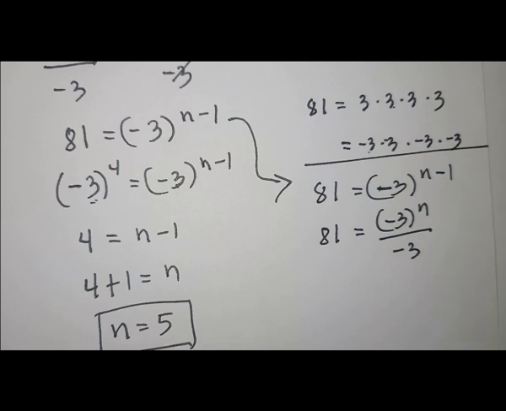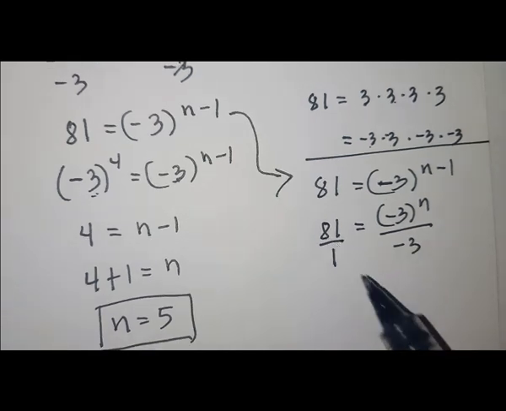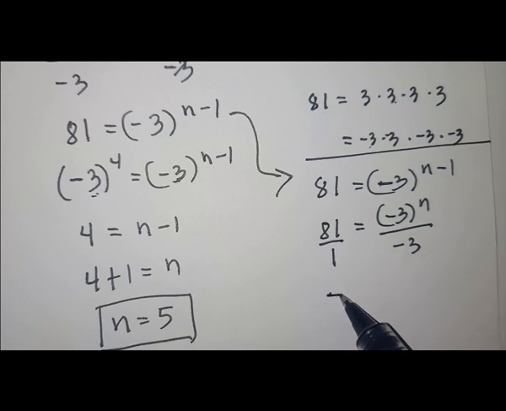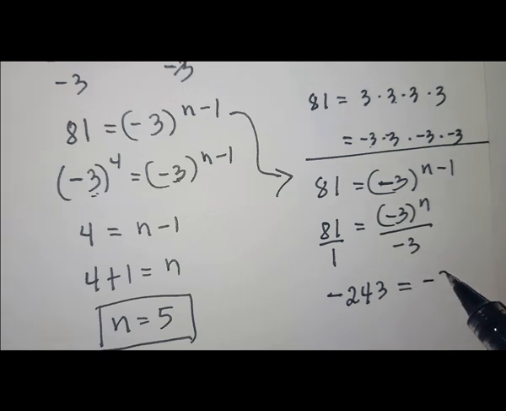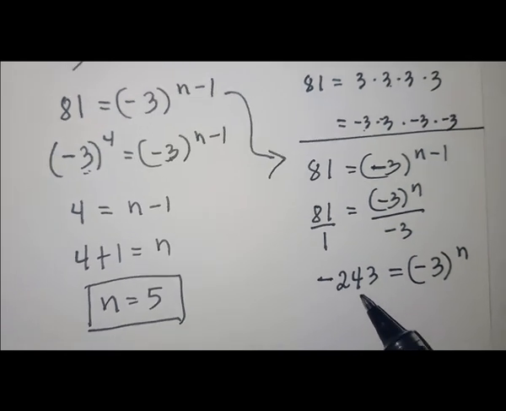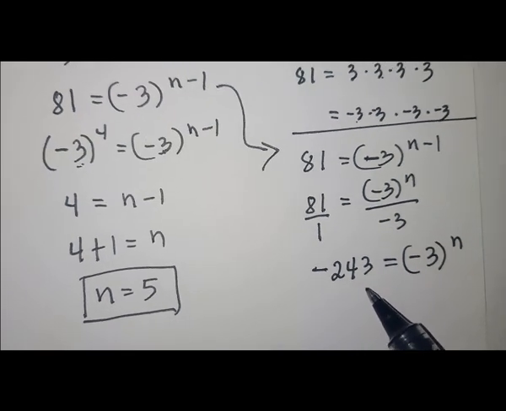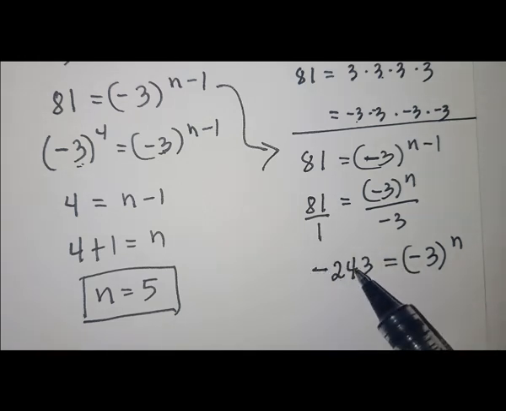Okay po. So, after that, cross-multiply natin. Denominator nito ay 1. So, negative 3 times 81. Magkakaroon tayo ng negative 243 equals negative 3 raised to n. So, ganun ulit. Yung negative 243, kailangan isulat natin siya into exponential form na kailangan kaparehas ng same base.